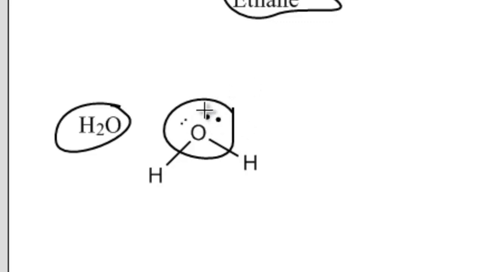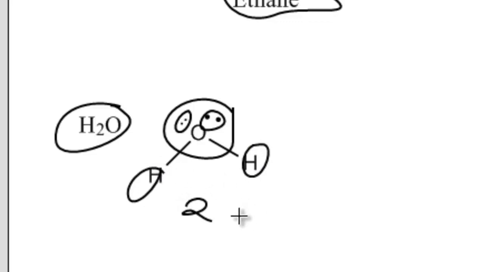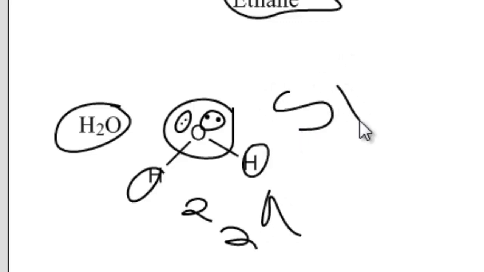It's different from the carbon earlier, because oxygen here has lone pairs. Oxygen has one lone pair here and another lone pair here, so two lone pairs, and then it's connected to one hydrogen on the right and another hydrogen on the left. So it's connected to two hydrogens and has two lone pairs. If we add them up, that would be 4. If it's connected to 4 groups, it would be sp3.